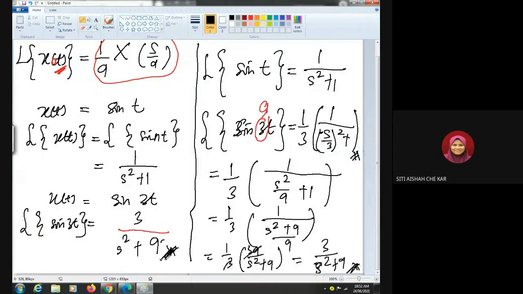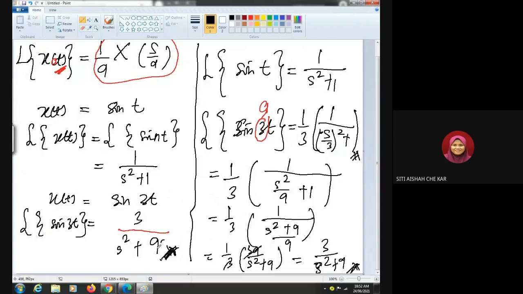Okay. So I give this example because I want you to know what is meant by this property, 1 over A, s over A. If the sine is given, you don't need to do it like this, you directly produce 3 over s squared plus 9, because this one is faster compared to this one.